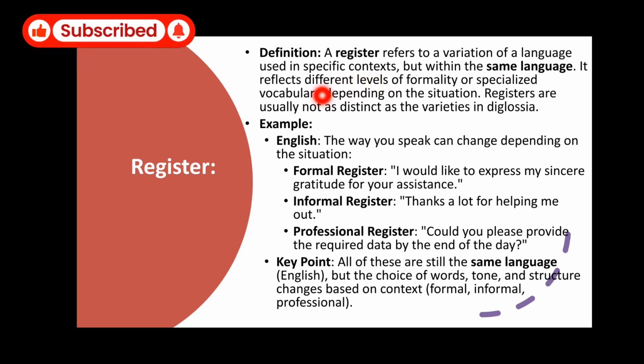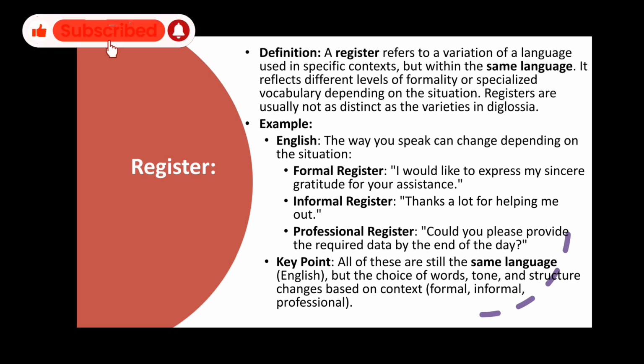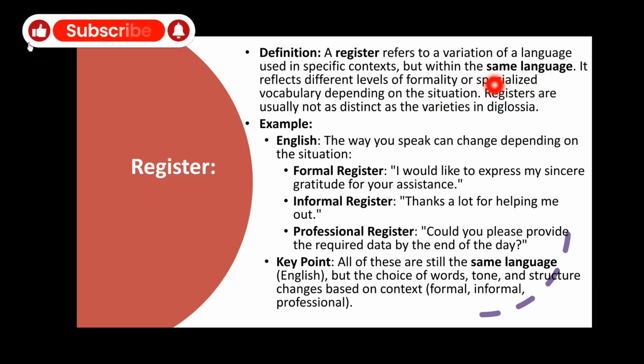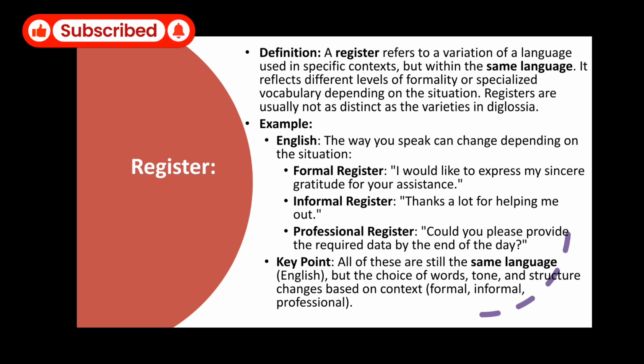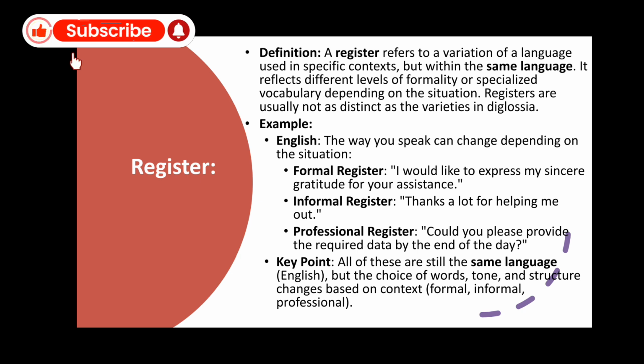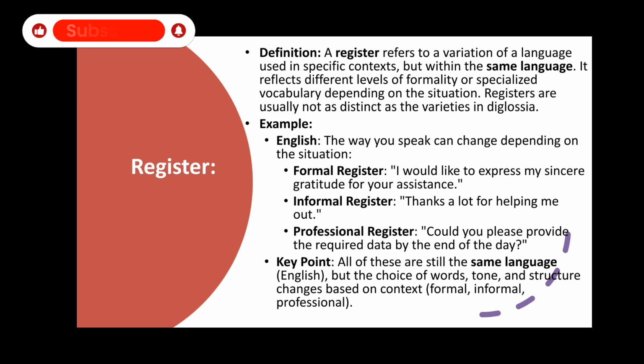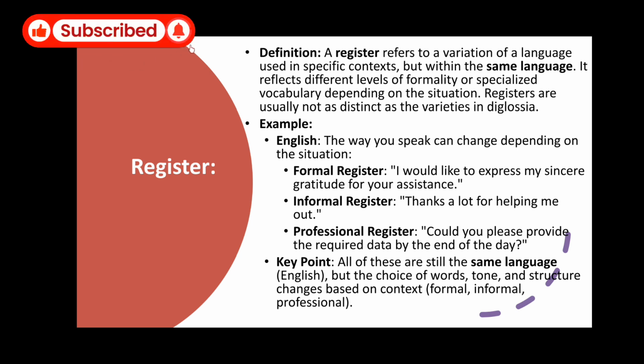But in diglossia, we can't find that it is used in specific contexts. Rather, it is used in a formal setting and an informal setting, but within the same language. So register is variation in the same language, and diglossia is variation in the same language. But one is a societal phenomenon: diglossia is a societal phenomenon, and register is a situational phenomenon. Fine.